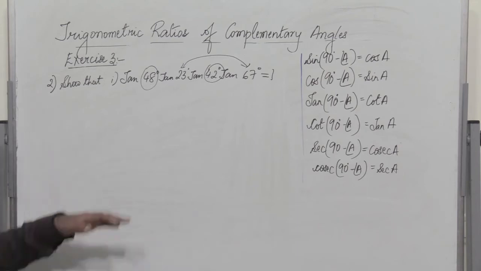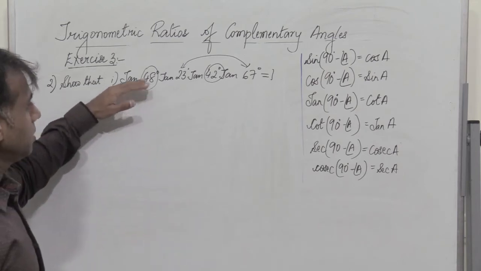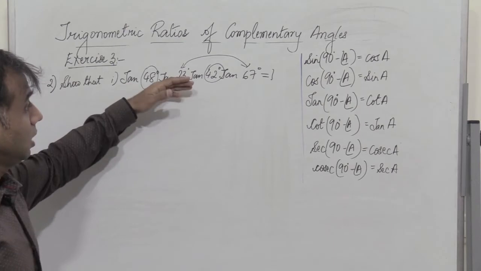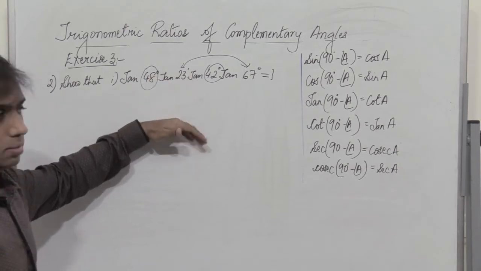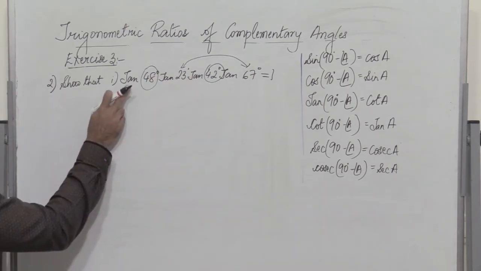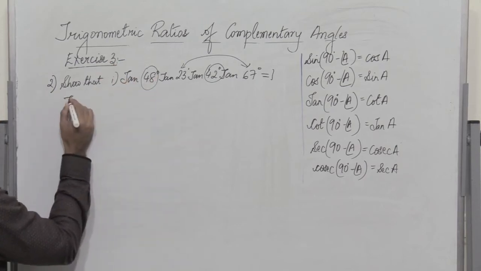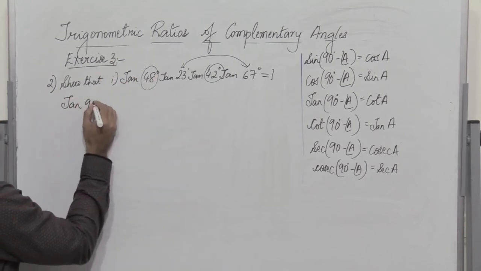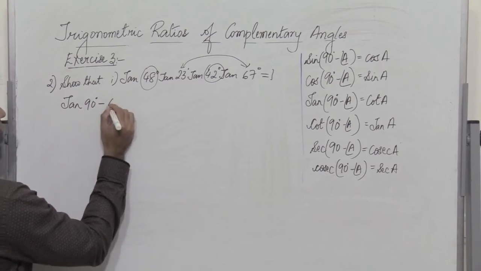The whole problem boils down to converting one of them to cot, because cot is the inverse of tan. So now let me convert this tan to cot. How do I do that? This is nothing but tan of 90 minus 42.